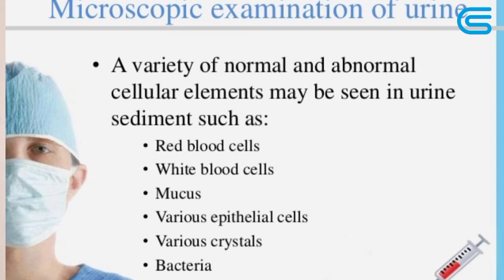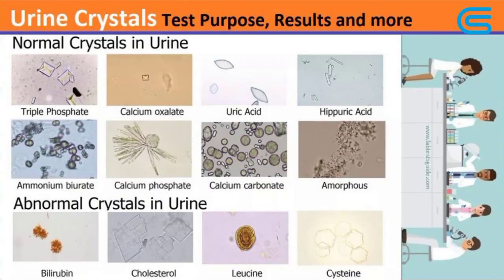So urine consists of various microscopic insoluble solid elements in suspension. These elements are classified as organized or unorganized. Organized substances include RBCs, white blood cells, and epithelial cells.